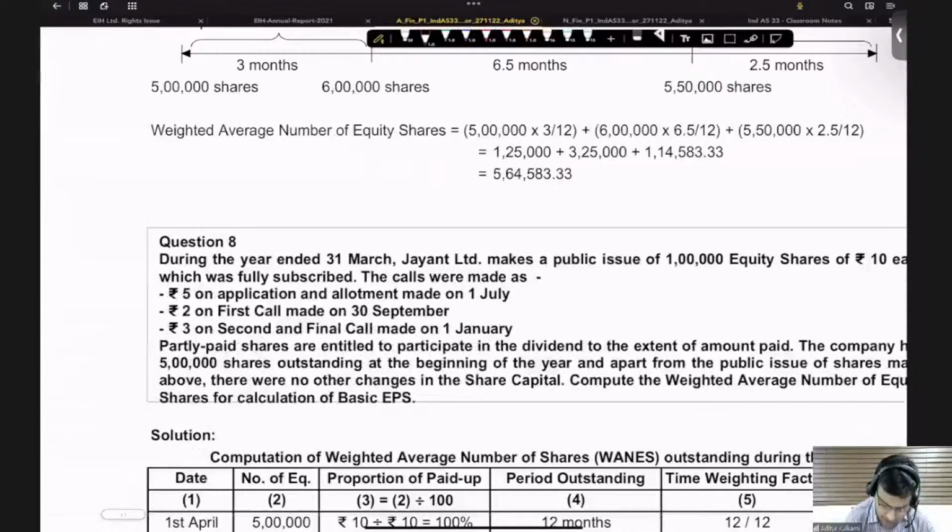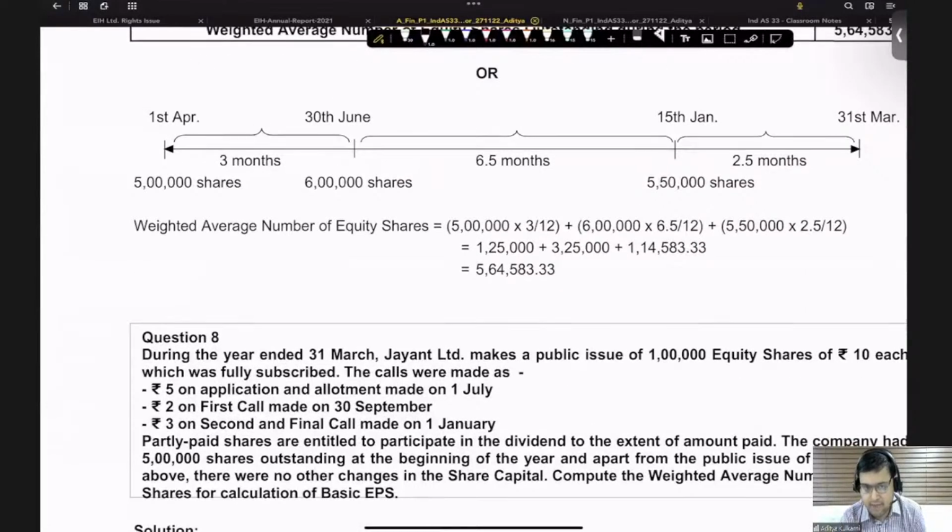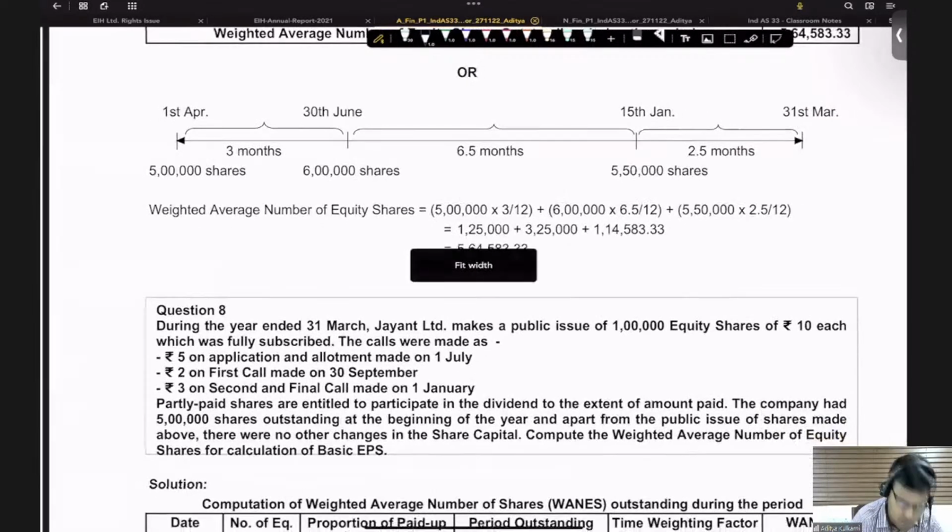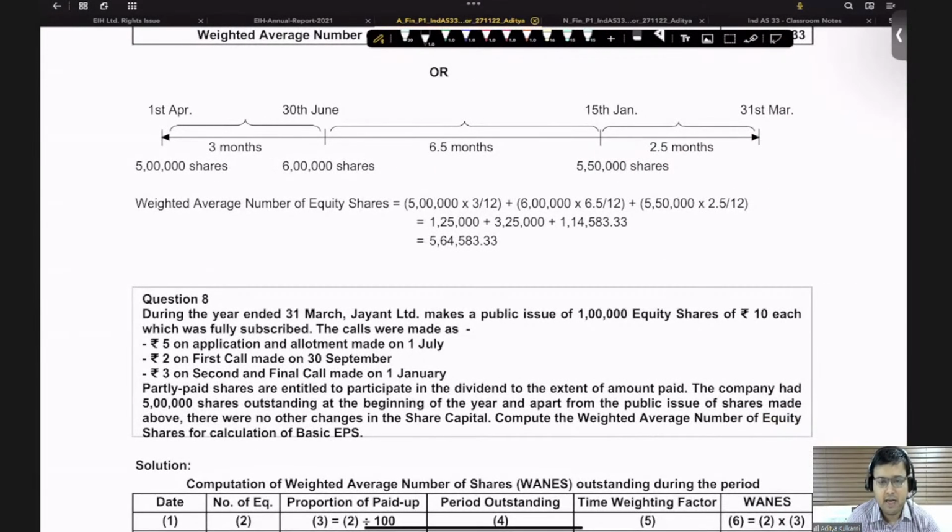So anyways, let us have a look at how the things will proceed. I will look at the second method first and then move on to the first method. Whatever you do, answer should be the same. So we started up with 5 lakh shares. For 3 months, we had 5 lakh shares. Then on 30th June, 1 lakh shares were issued. So 5 becomes 6. Then for 6.5 months, we continued with 6. On 15 Jan, we bought back 50,000.